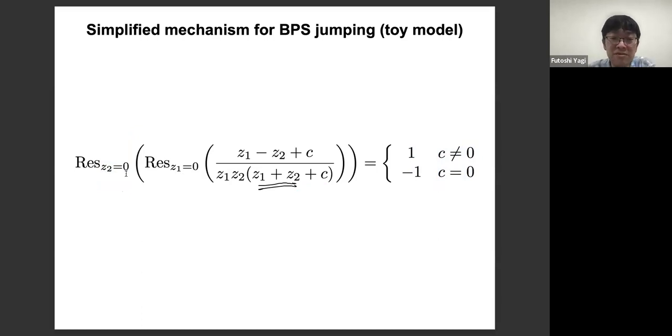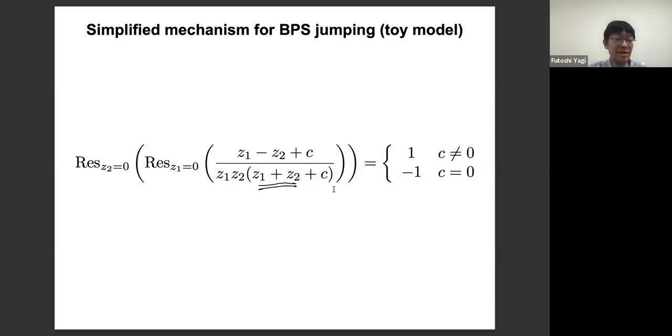Because of this change of structure, the computation of the residue actually changes. If C is 0 and you compute the residue in this order, you will find that the result is -1. So this is the computational essence of why, by changing the parameter, the result of the integral can suddenly jump.